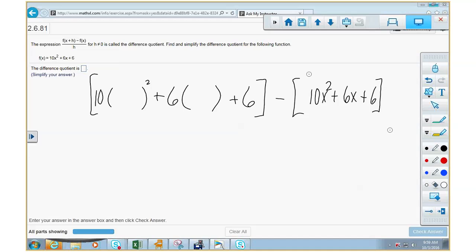And all of that's going to be over h. And what am I going to plug in here? The whole equation there. Y'all got to tell me what to plug in. So far I've got an O and an O. What did I plug in?